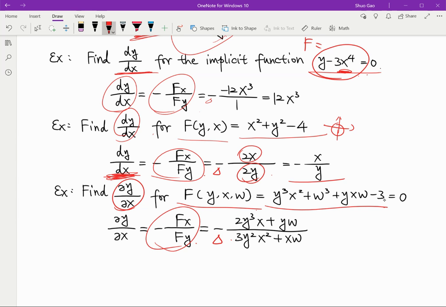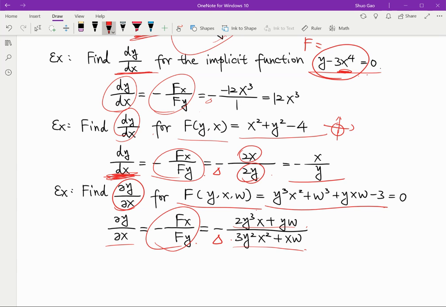F_x is the derivative of F with respect to x, assuming that y and w are constants. And then to take the derivative with respect to y, we assume x and w are constants. So we can easily find the partial derivative using the formula.